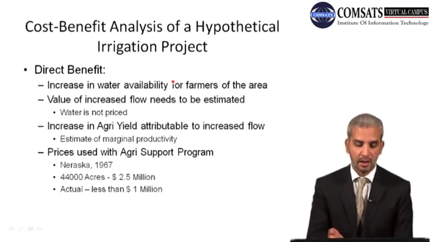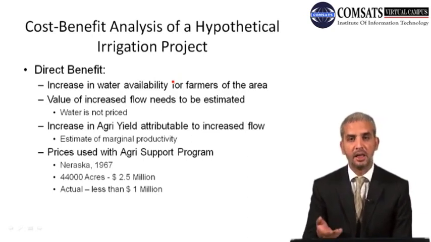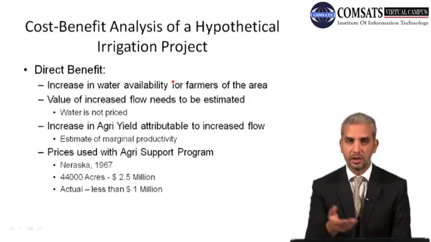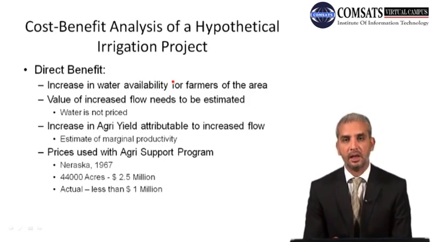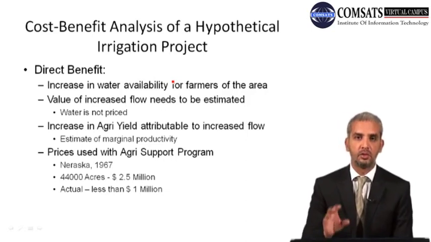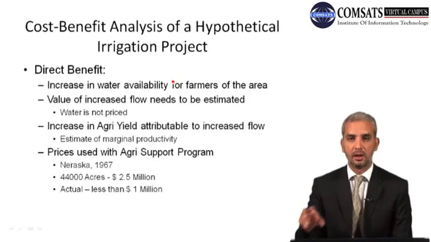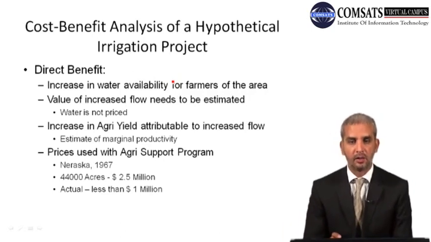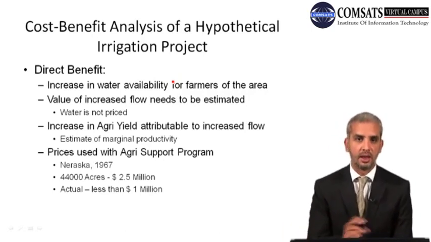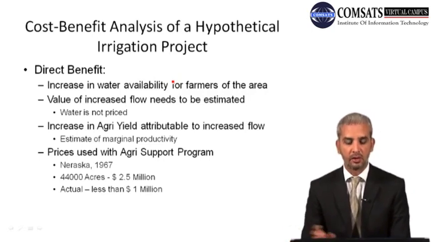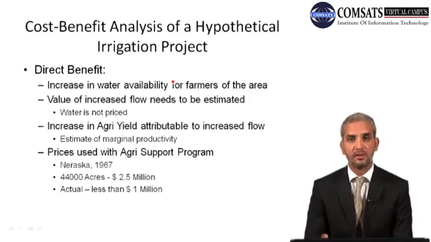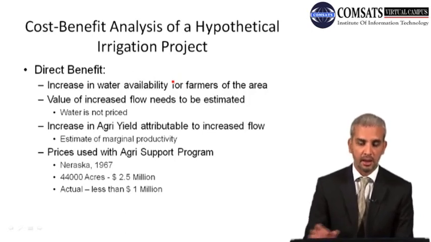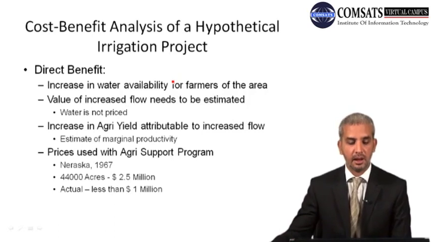You can see that initially they said the benefit originating from that irrigation project in 1967 of 44,000 acres was $2.5 million, but in real terms, when they accounted for that subsidy error, it was only $1 million, or in fact less than $1 million. So there is a huge difference, and one simple mistake might cause such a big difference.